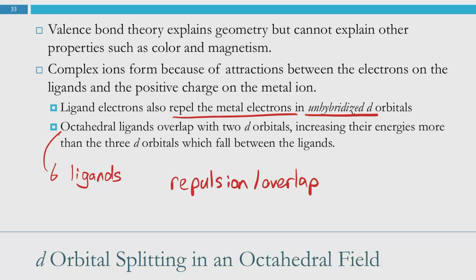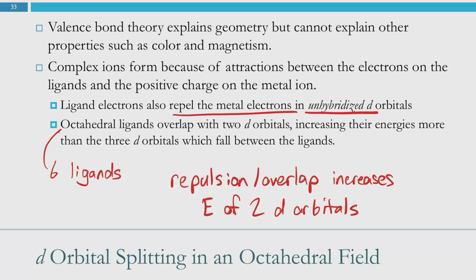So that repulsion or overlap increases the energy of 2 d orbitals, whereas the other 3 d orbitals don't have that direct overlap with the octahedral geometry, and so those are going to remain at relatively lower energy.